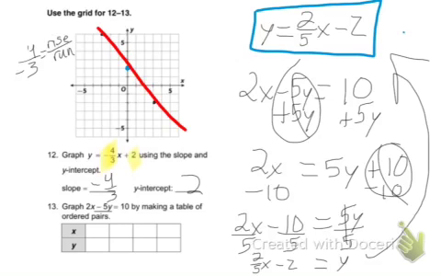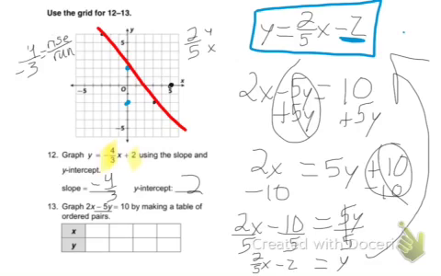The first point we're going to plot is the y-intercept, negative 2. So it crosses the y-axis at negative 2. Now our slope is 2/5. So again, it's going to rise 2 and run 5. So up 2, 1, 2, and over 5, 1, 2, 3, 4, 5.